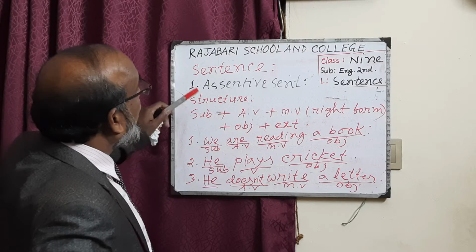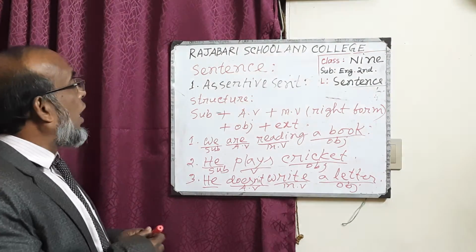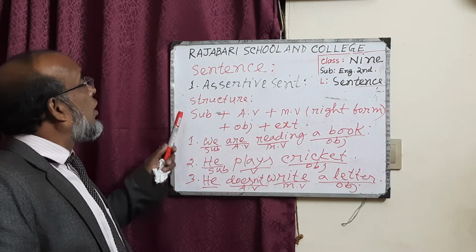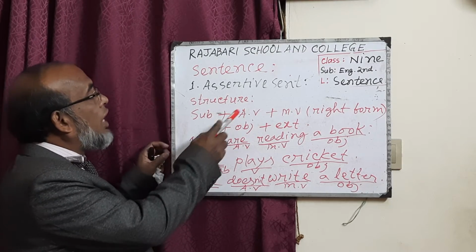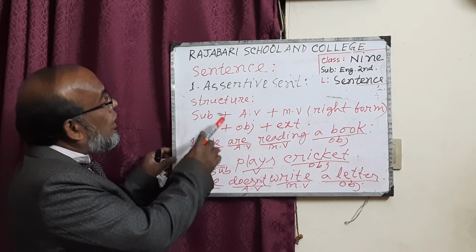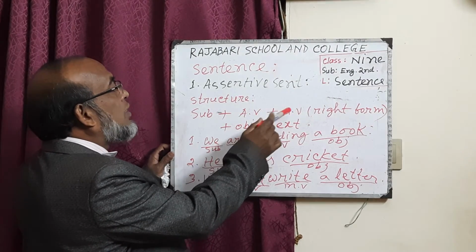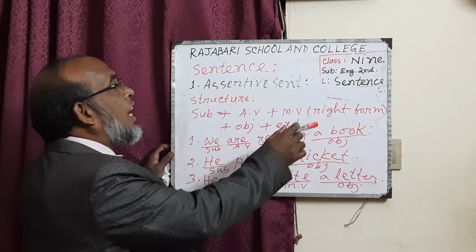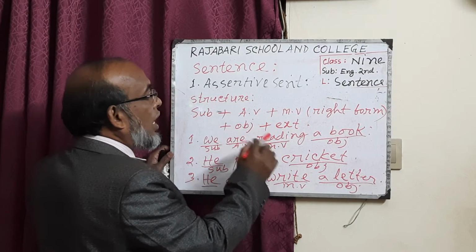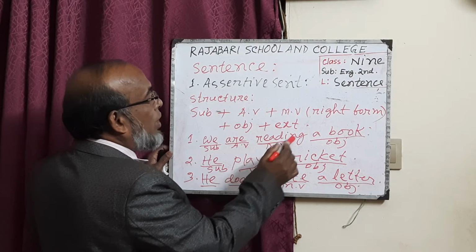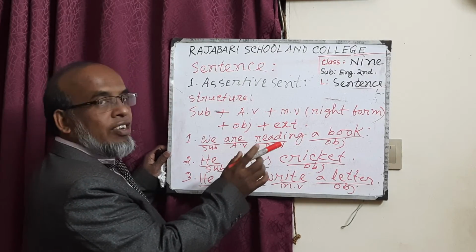So you must remember that if you want to make assertive sentence in affirmative form, then we have to use subject plus auxiliary verb positive form plus main verb, and if you need any extension, then you can add it. That is how here read is main verb and I have added here ing as it is present continuous tense.